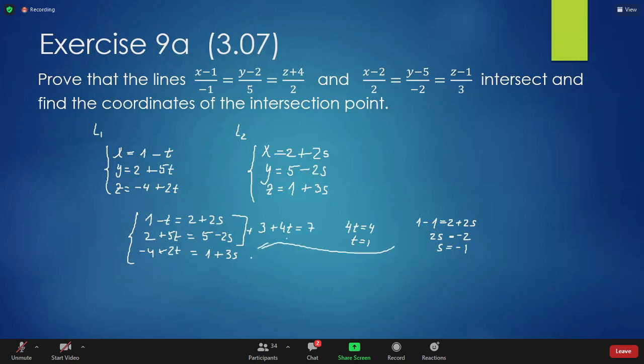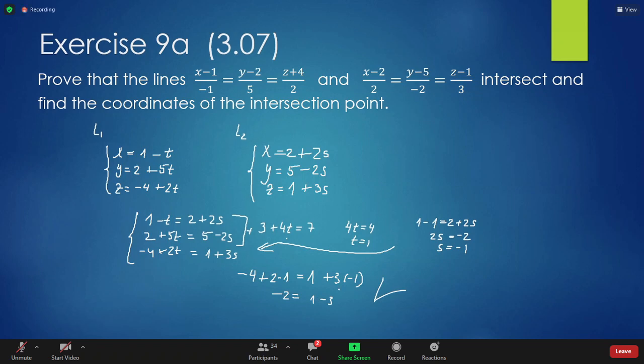So minus 4 plus 2 times 1 should be the same as 1 plus 3 times minus 1. We see that minus 4 plus 2 is minus 2, and on the right-hand side, 1 plus minus 3 is also minus 2. That's it. So yes, it works in the third equation.